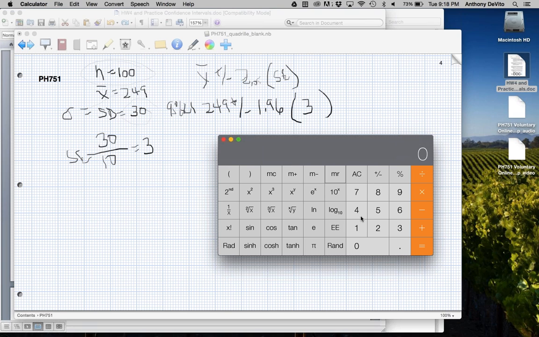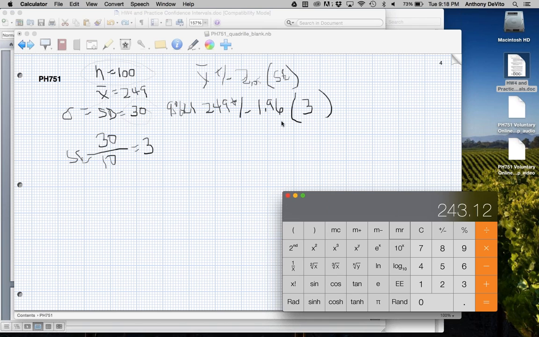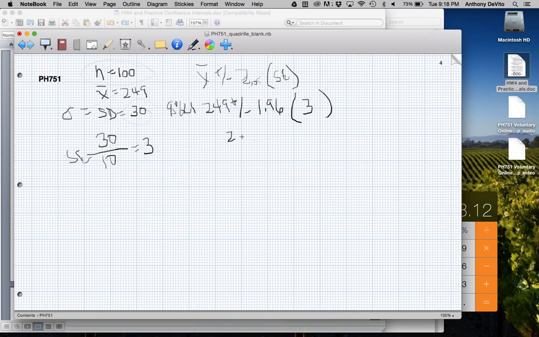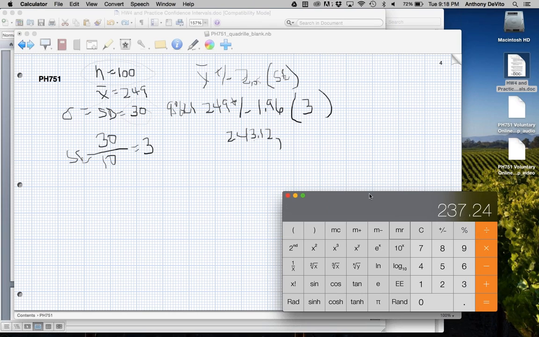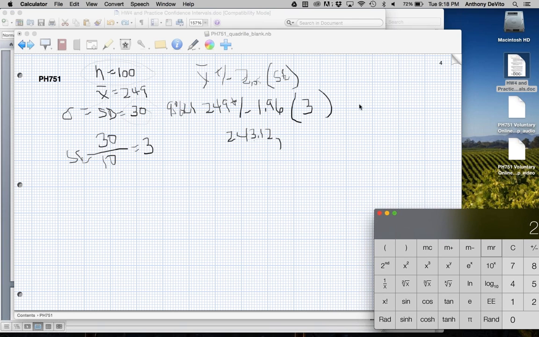Then I'm going to clear that out and say 249 minus the margin of error is 243.12. And the upper limit for our confidence interval is going to be 249 plus our margin of error, which is 254.88.